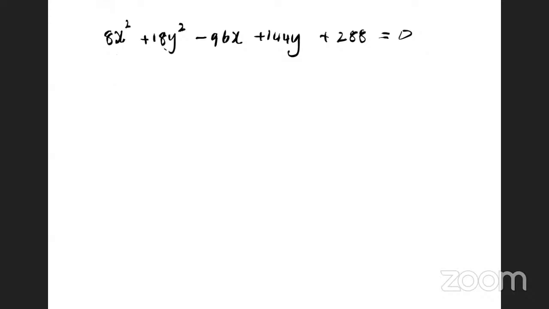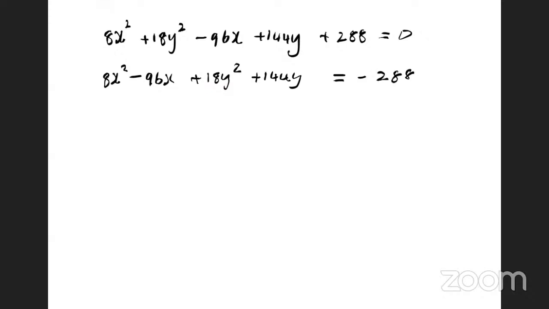So what we need to do now is put this in a form that's easy for us to read off. Here's what you do. You bring the x terms together: 8x squared minus 96x, and 18y squared plus 144y, and let's move across that 288.